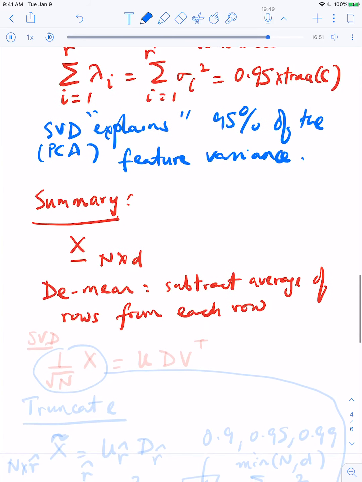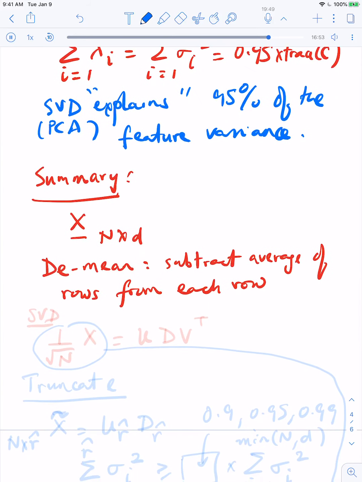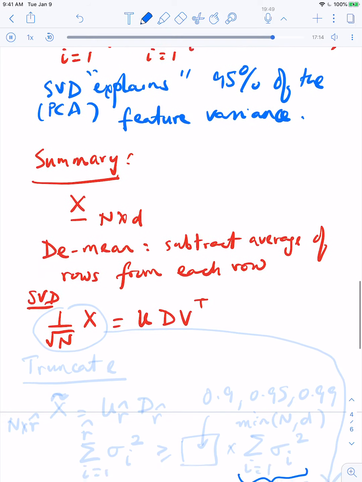And if you want to keep the covariance and averaging interpretation, you may want to take an SVD of 1 over root n times X. You do an SVD for that, which is U D V transpose.